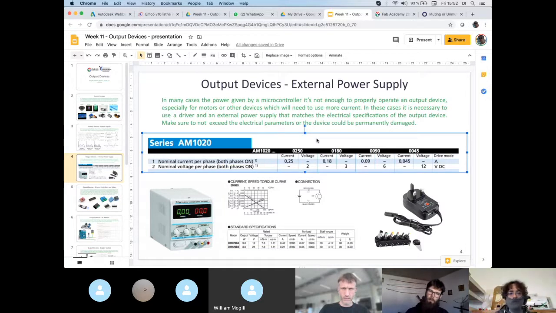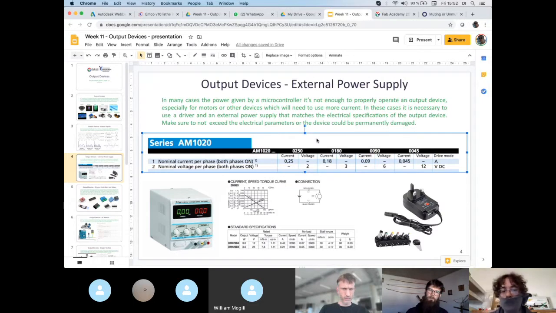An important thing, as Neil mentioned, is that you have to take care that you don't get in touch with this higher amount of voltage or current with your body, and that this system is somehow separated from the logic system that you have for your microcontroller.